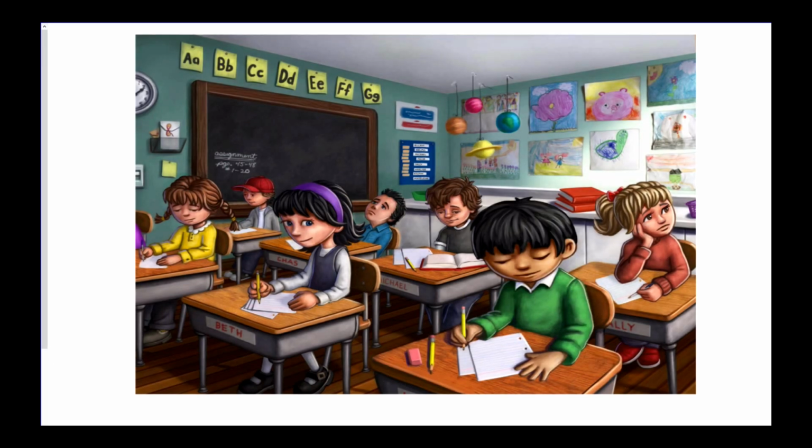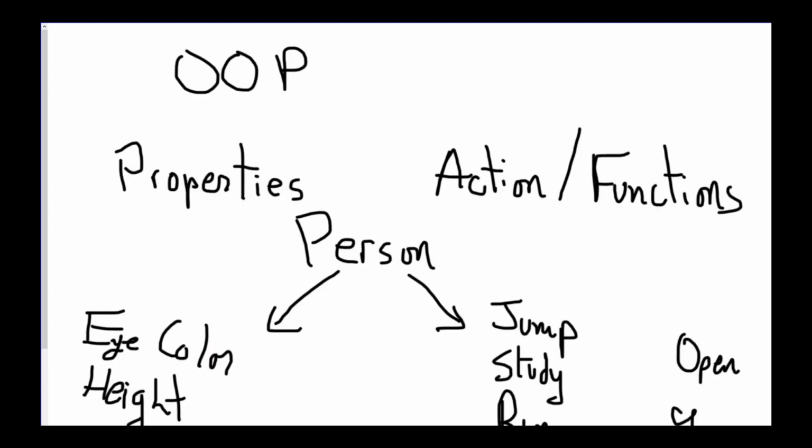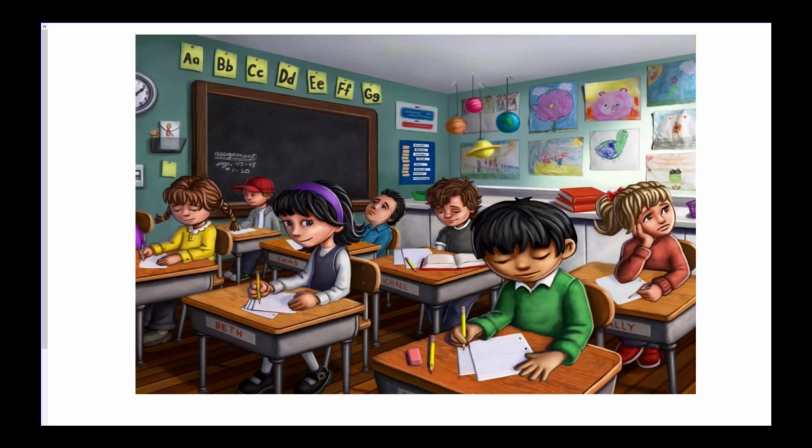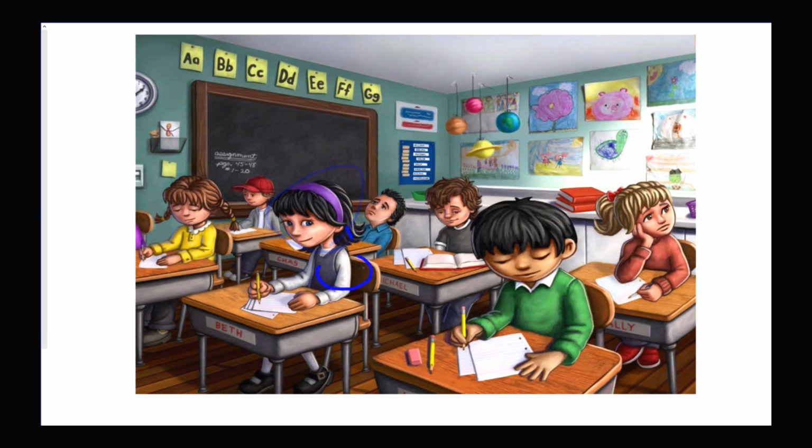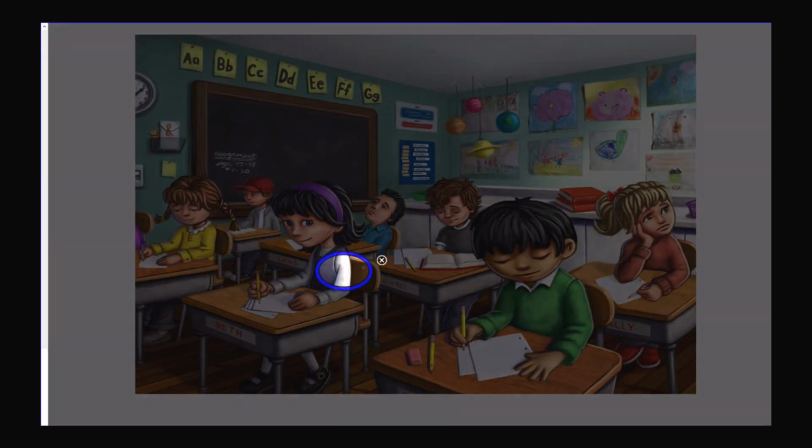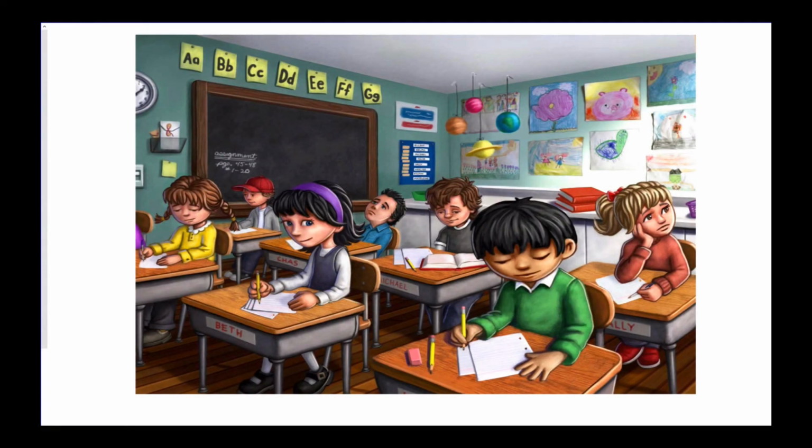Now, let's go to this classroom. As you're seeing everything inside this classroom, you should take it as objects itself. Like I said, in the world of OOP concept, object-oriented programming, everything is an object. So if we focus on this girl over there, that's a person object. She has hair color brown. She has a, what do you call it, a headband.